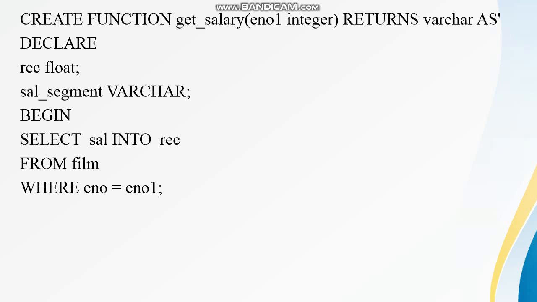Whatever value we get from the sal attribute of the table, we are going to store into this variable rec, which is just declared by the user, FROM the table WHERE enumber equals enumber1. This enumber1 is the parameter declared in CREATE FUNCTION, since we are going to accept the value from the user when we call the function.